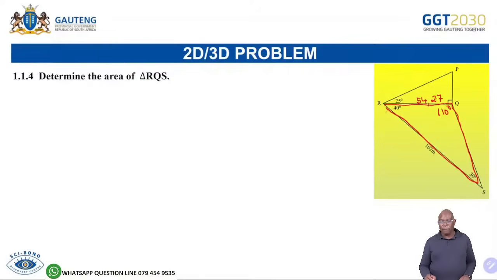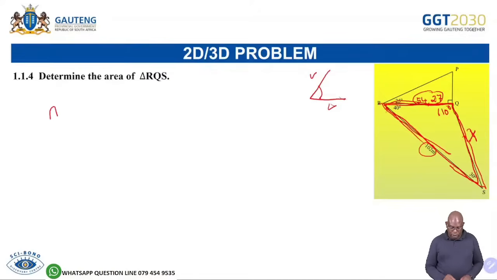For the area, I need this side, I need this side, I need this angle which is included. Sine like that. So do I have these two sides? Yes. If I take this side and that side, I don't have that angle. So the only side that is left is this.